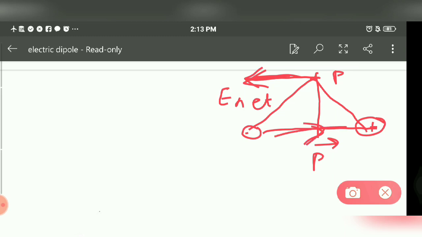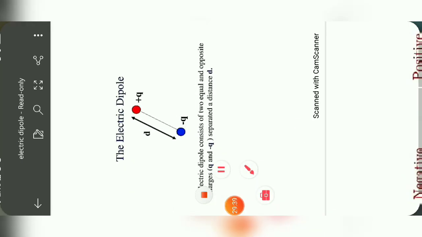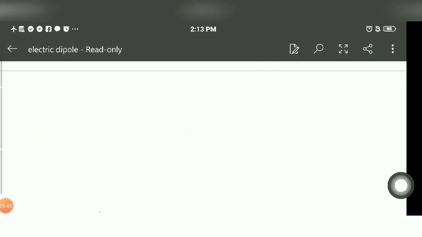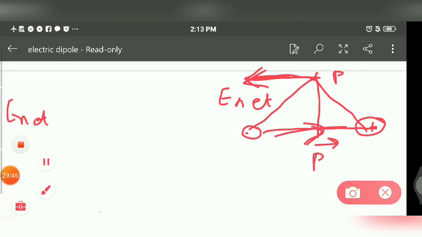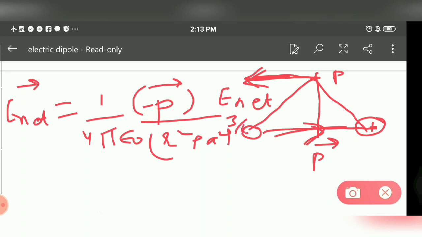So if we want to write it in vector form, we write E net in vector form, which equals 1 by 4 pi epsilon naught, P vector, with a minus sign because both are opposite, upon r square plus a square raised to power 3 by 2.